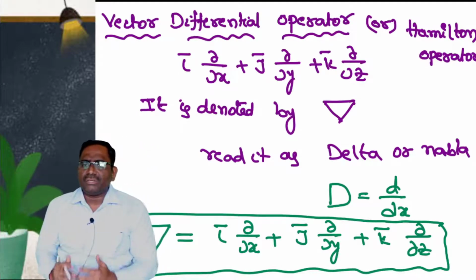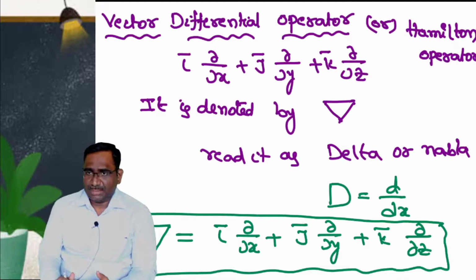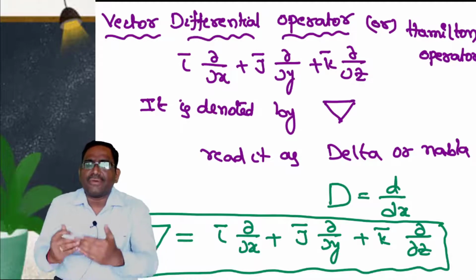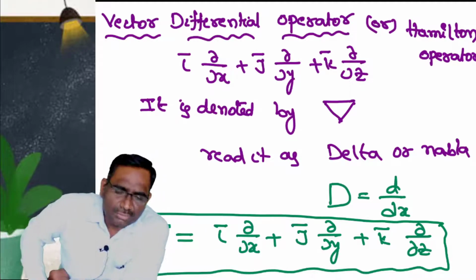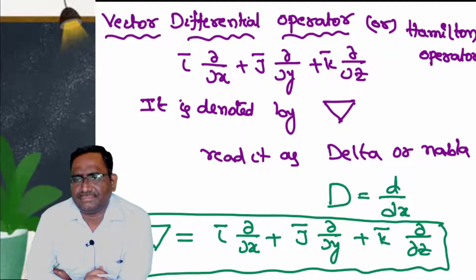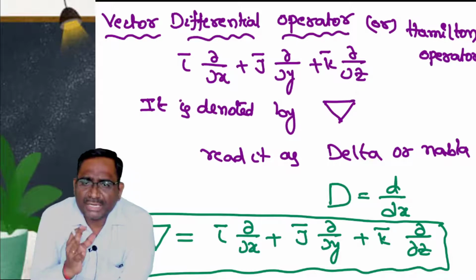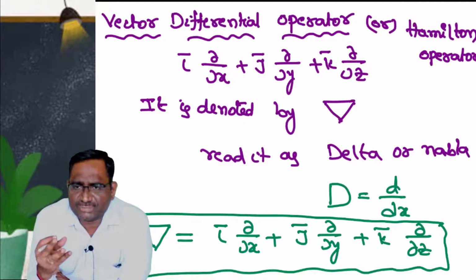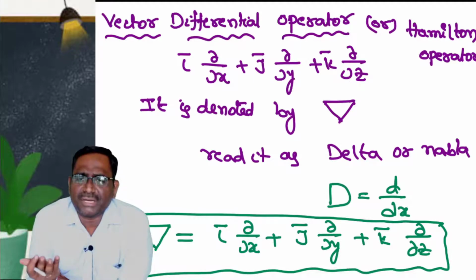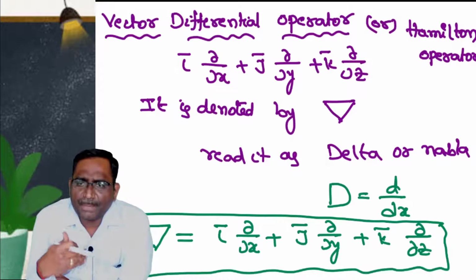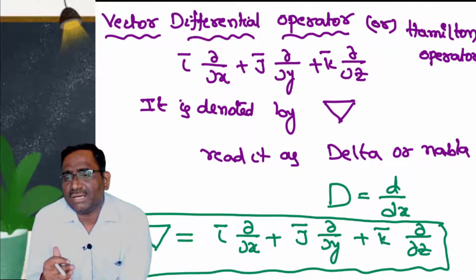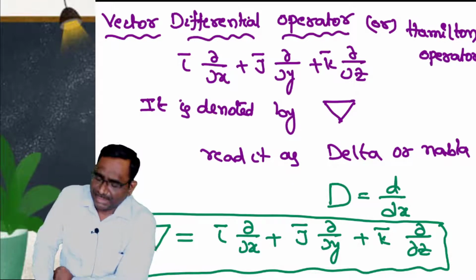We are going to apply this operator on a function, right. Operator means which operates. Whenever we apply this operator on a particular function, then we get some output, right.